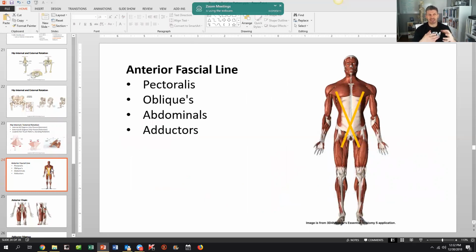So even though we're looking at internal rotation of the femur, we talk about specifically your adductors, your contralateral obliques and pecs have a big influence on the anterior chain, especially if you think about rotating and someone's offsetting. That could indicate tightness in that anterior fascial line, or the posterior line we'll look at.